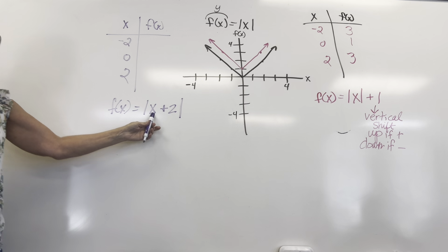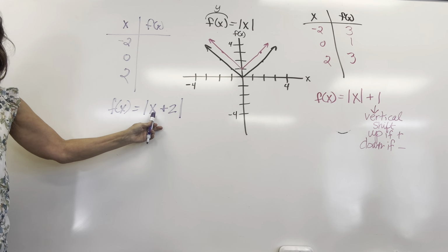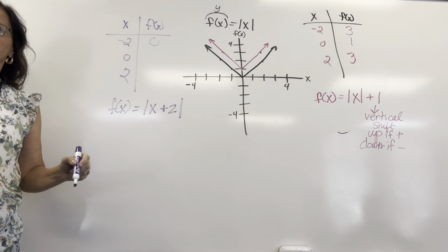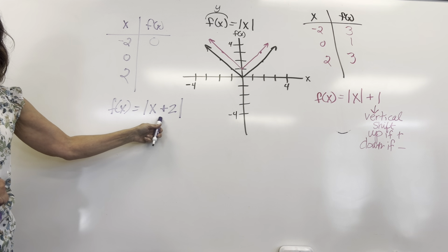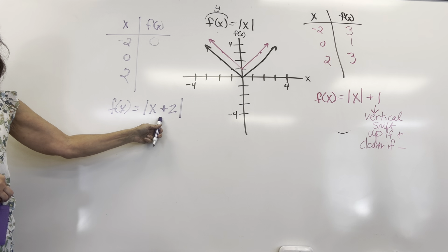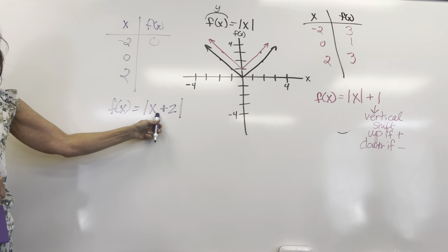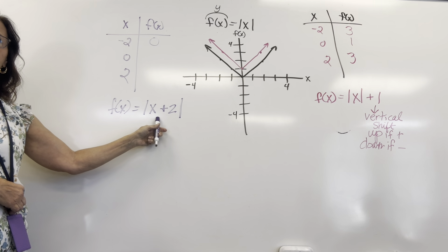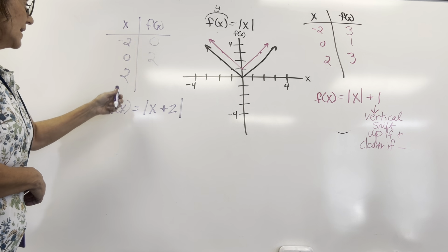When I substitute negative 2 in for x, what's the y value? Negative 2 plus 2 is 0, so the absolute value of 0 is 0. Got it? Now substitute 0 in here. The result is 2. All right, substitute 2 in here.